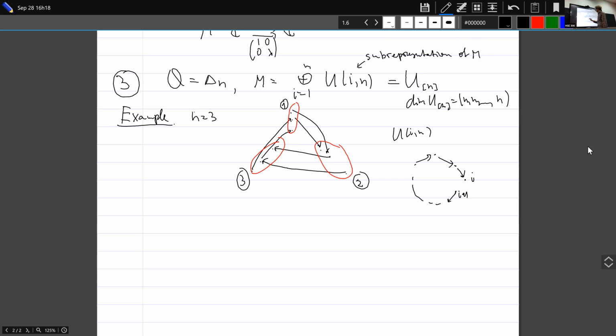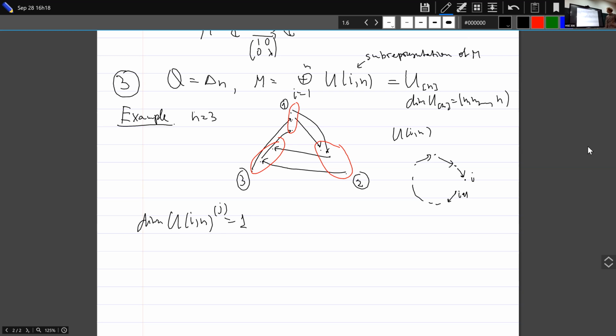For example, if you take U_{i,n} and take N_j, the dimension of this is 1. And this means that totally the dimension of this direct sum at each vertex j is 10. Right?